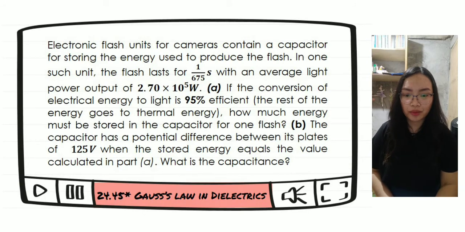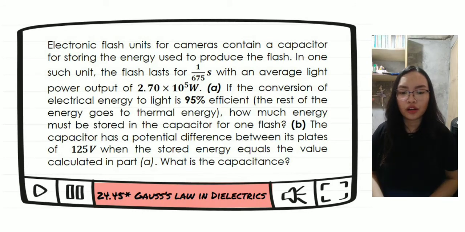So the next problem is from item 24.45, which deals with Gauss laws in dielectrics. The problem is, electronic flash units for cameras contain a capacitor for storing the energy used to produce the flash.